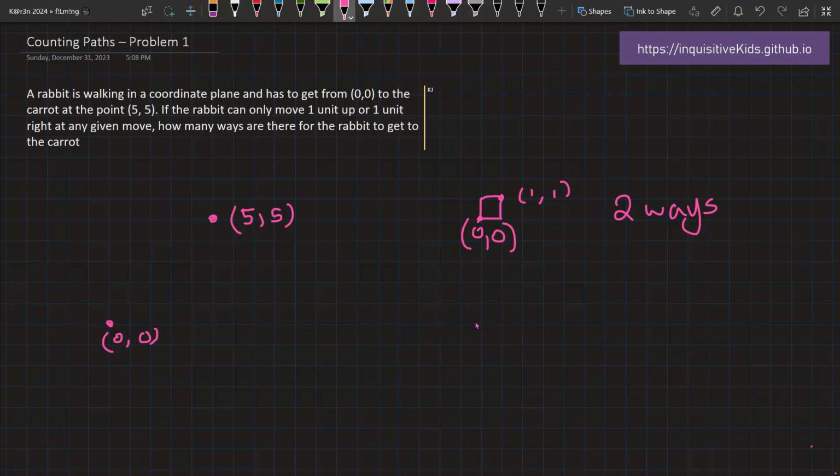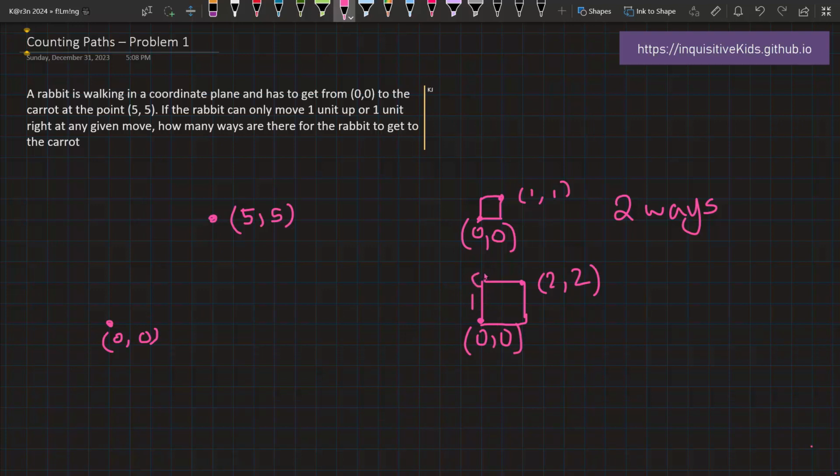Now let's see what would happen if we did it from 0, 0 to 2, 2. Well, we're traveling along these lines here, or even in the middle. Let's first look at this point right here. The only way we can get to this point from the origin is if we go up 1. So there's one possibility that the rabbit will land on this point.